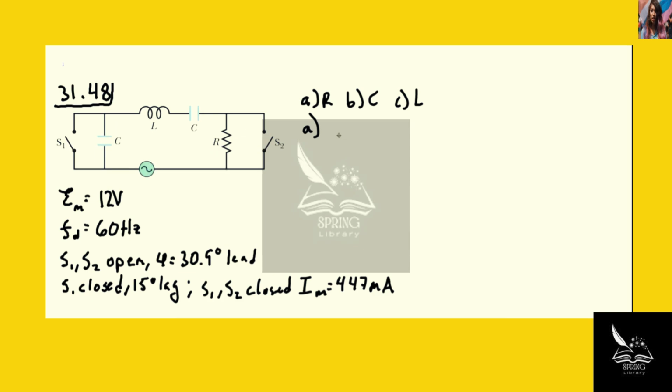So for part A, when both switches are closed, which removes these components from the circuit more or less, the impedance is just the net reactance of the capacitor and the inductor.